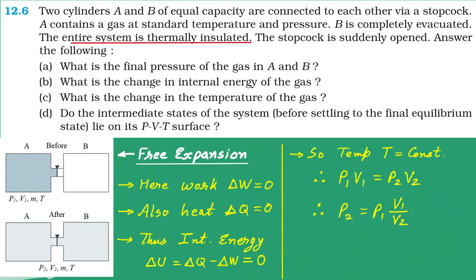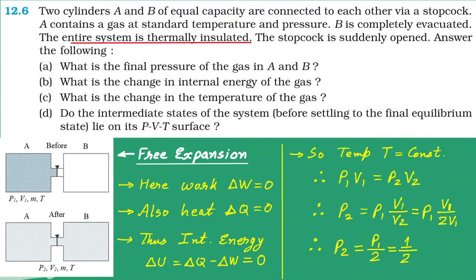But mind well, here the new volume, that is the volume in the second figure, is doubled. So we can write that V2 is 2V1. That means I am getting P2 is equal to P1 by 2. Now P1, the initial pressure, was standard pressure, which is 1 atmosphere.